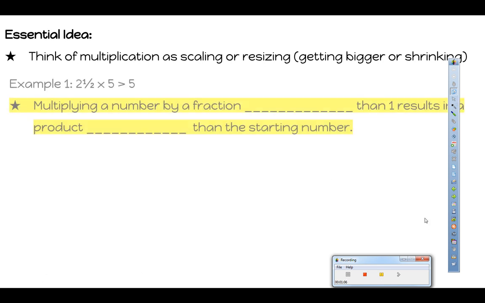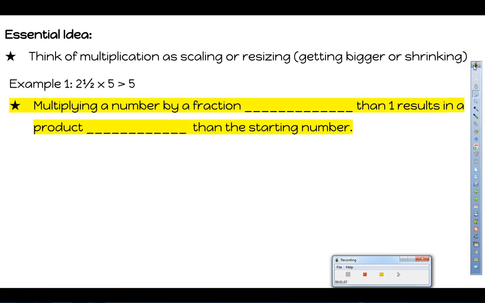So the first thing we're going to talk about is that if we are multiplying a mixed number and something that is bigger than 1, our answer is going to get bigger. So when we take a number like 2.5 and multiply it by 5, our answer is going to be bigger than 5.